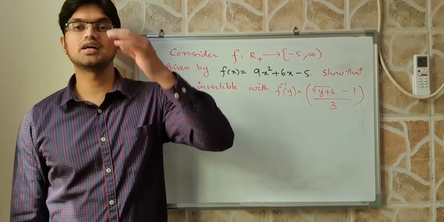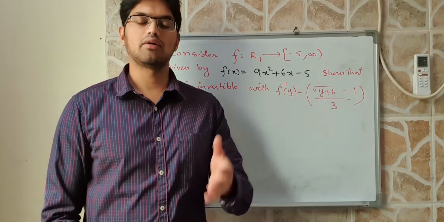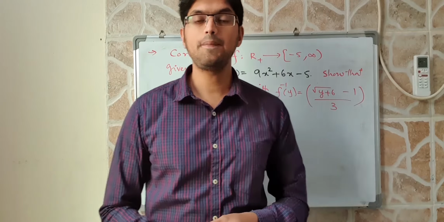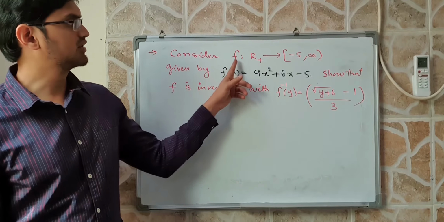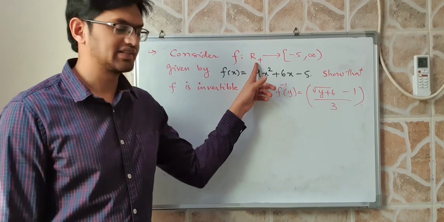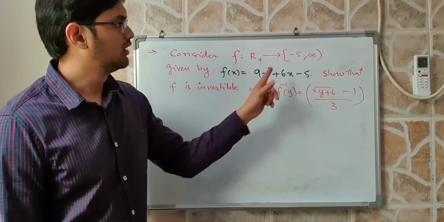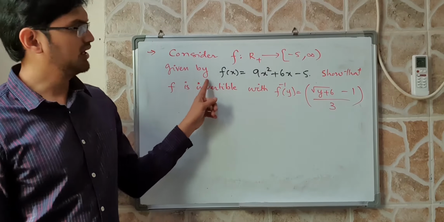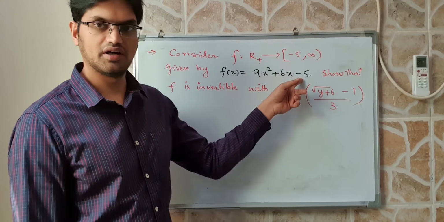After solving that, let me solve one of the very important problems, which most of the time in CBSE they have been asking frequently. So this is our next question. Consider the function f from R plus, R plus means all positive real numbers, to -5 to infinity, given by f of x equal to 9x square plus 6x minus 5.